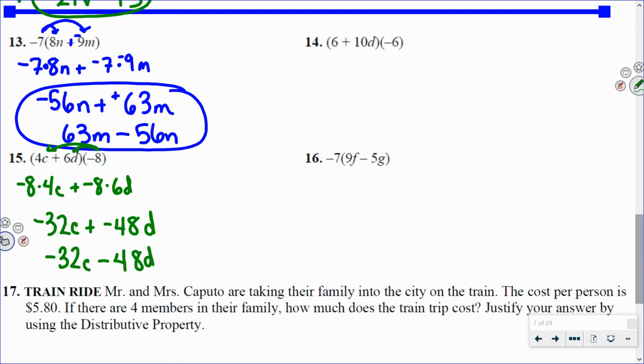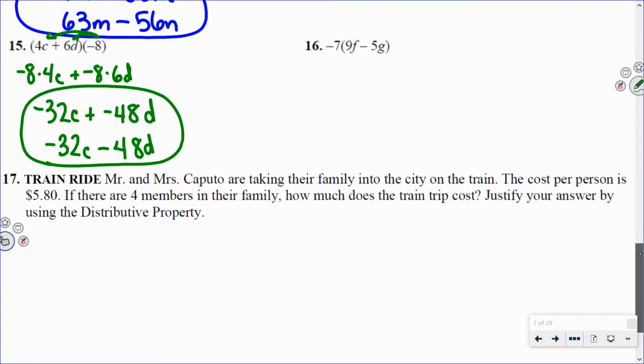Others of you will write add the opposite. Those do mean the same thing. The strongest of students can write that in both ways. Now let's take a moment. Check your answers, fix any mistakes, and let's go on with number 17.